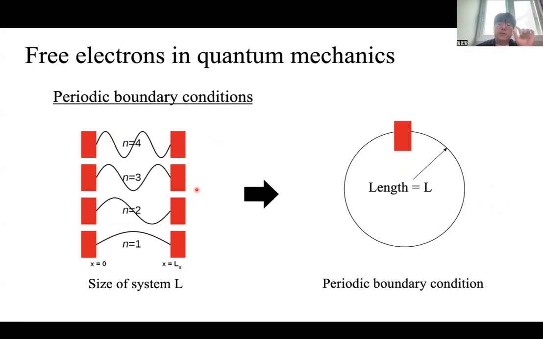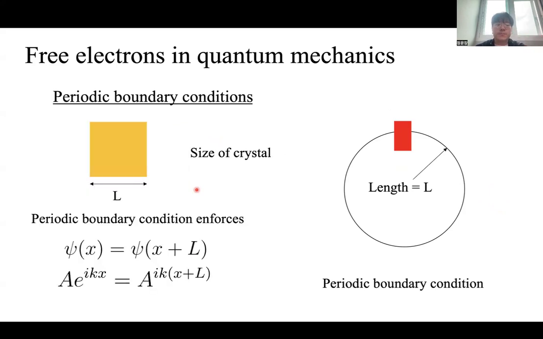I just need to be careful about how often they repeat. What is their periodicity? So typically you can consider this as, for example, the size of your sample, the size of your crystal, and this implements boundary conditions like this that says, if I look at the wave function at a specific position here, it should be the same as if I moved my system here because it should repeat periodically at this point.